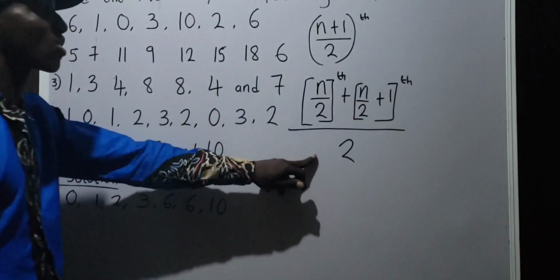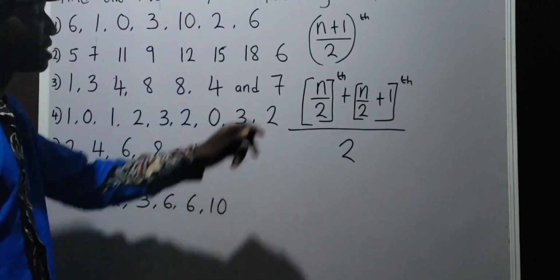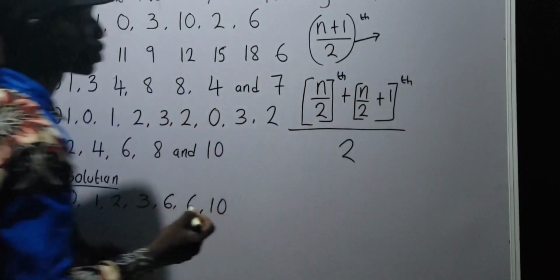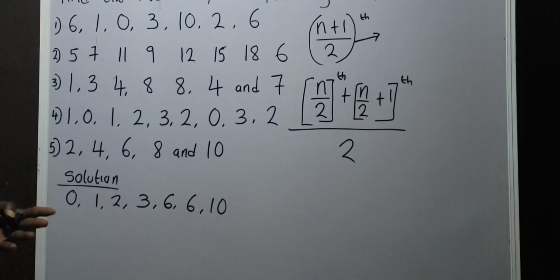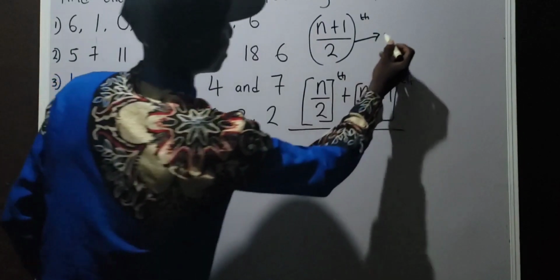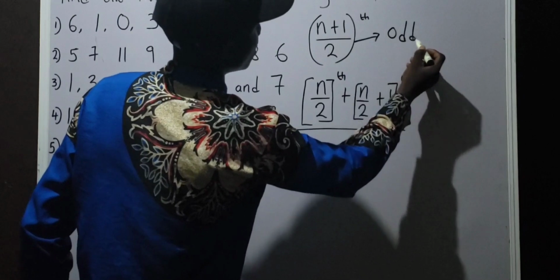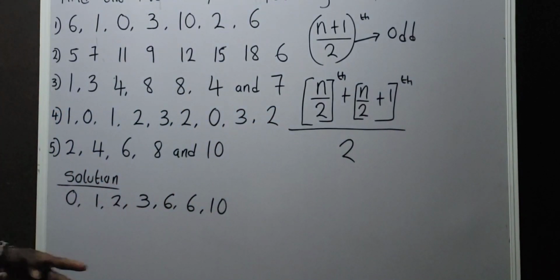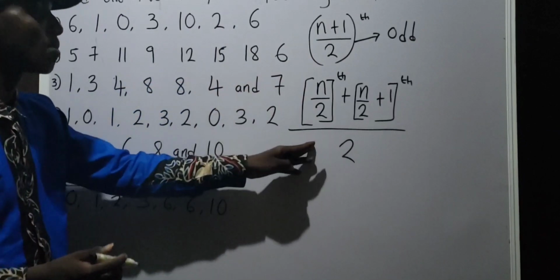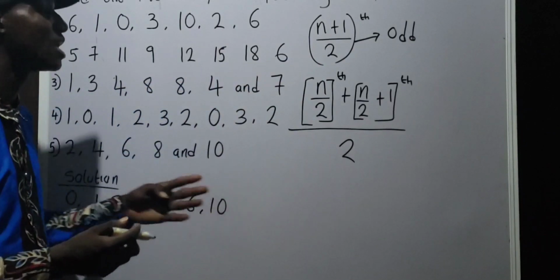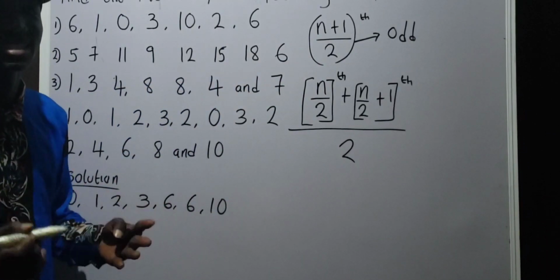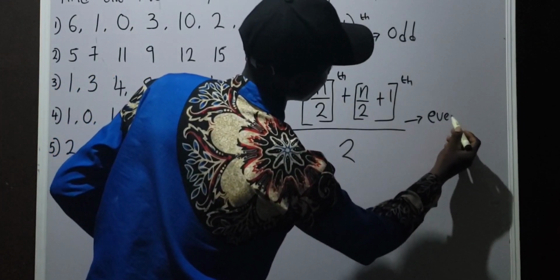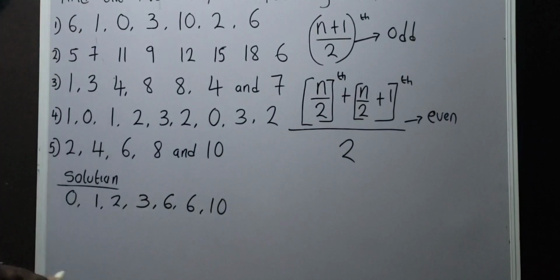This is the second formula to determine the median term. Now look at this. The first formula is used when the total number of elements in our data set is odd. You understand? And the second formula is used when the total number of elements in our data set is even. You understand? Now let us proceed.